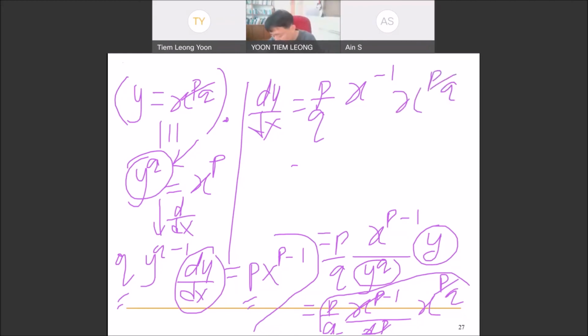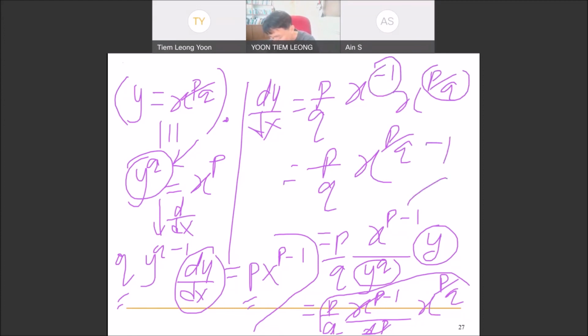Okay, so we are almost done, right? So you have this p over q, x to the power of p over q minus 1. This is a proof of the previous statement that if y is equal to x to the power of p over q, where p over q is a ratio of two integers, then dy/dx is just equal to this expression.